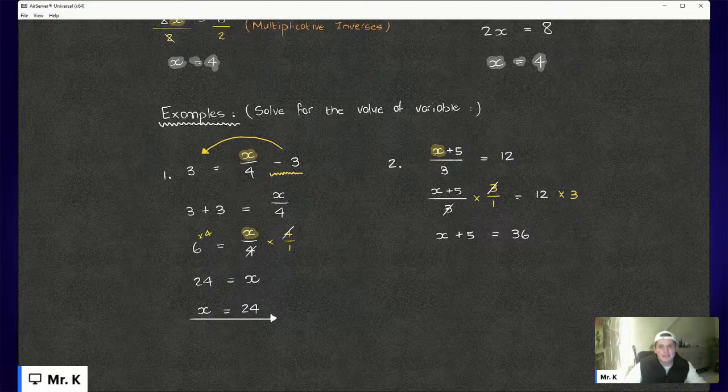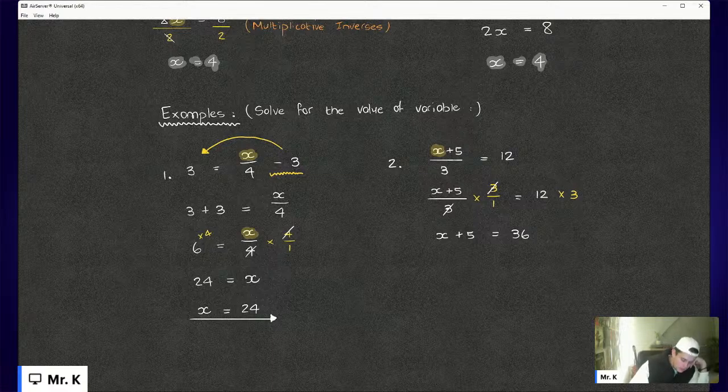Now, we can see that we are left in a position where we can deal with a simple linear equation, and we want to move this 5 over to the other side of the equation so that we get x on its own. When I do that, I leave x on the left of the equation, and my plus 5 becomes a minus 5.